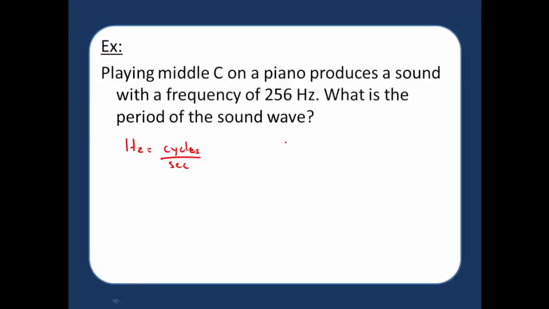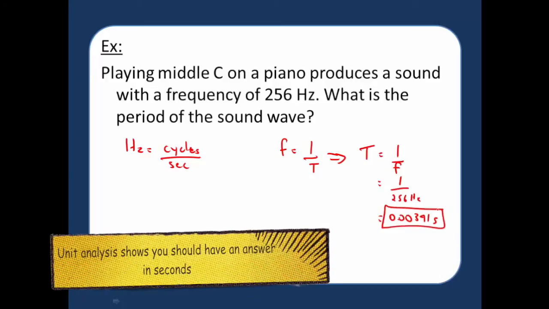So we simply use frequency is equal to 1 over period. Solve for period. Period is equal to 1 over frequency. Let's put in the value, 1 over 256 hertz, and you're going to end up with 0.00391 seconds. So an incredibly fast period.